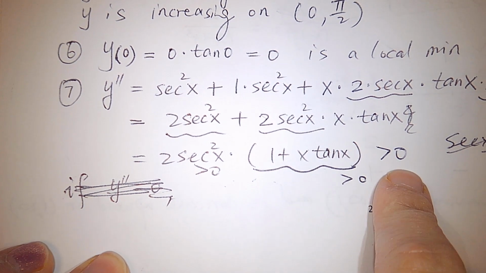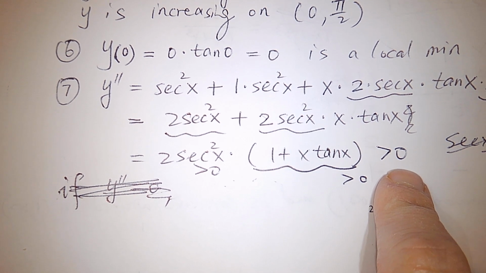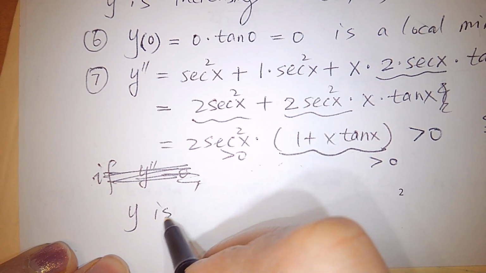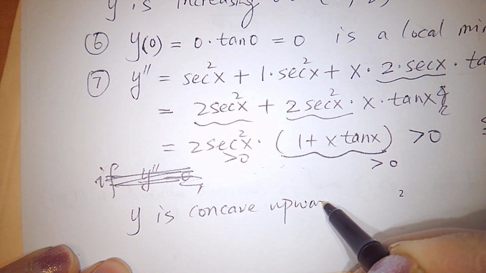So that means on the entire domain from negative pi over 2 to pi over 2, this graph is concave upward.